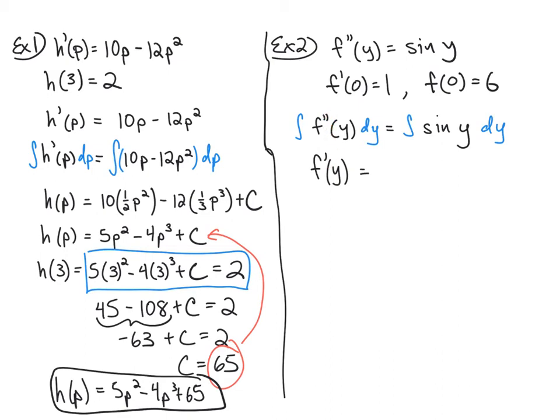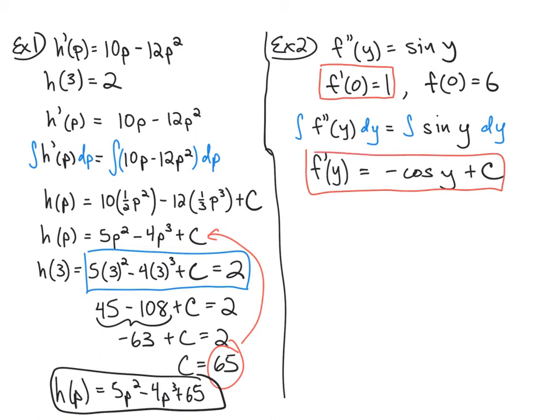So this would be negative cosine of y plus c. And you can see here that we have been given some information about the first derivative. So we have to use that first.